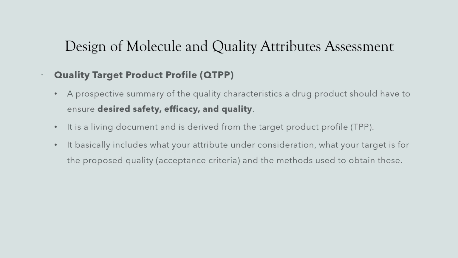So your quality target product profile is a prospective summary of the quality characteristics of a drug product. And it will basically have all the attributes that are under consideration. So it will have your proposed quality acceptance criteria and some of the methods that you're using to measure them.